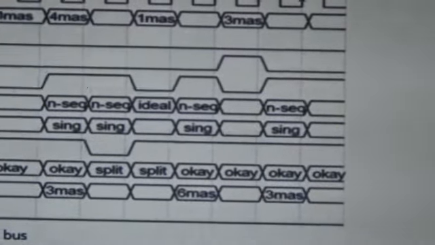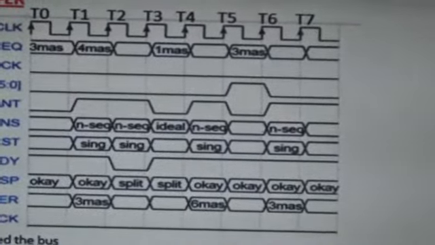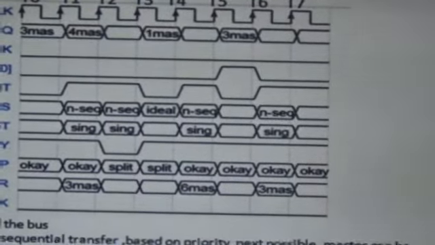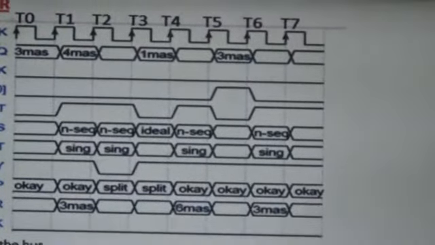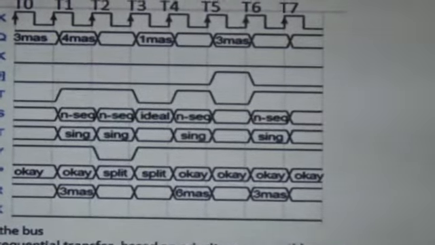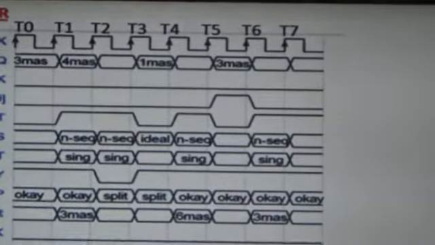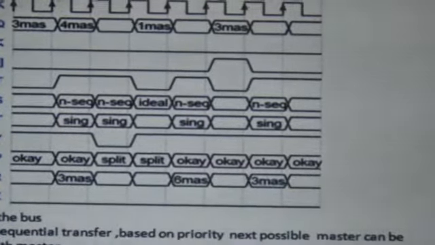The thing we need to consider is, after the two cycle split response, the arbiter may give bus access to any priority. It may be least priority or less priority. It is not a condition to give only the high priority. So in the T4 clock cycle, it has been given to the sixth master.